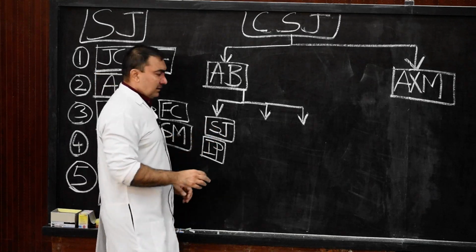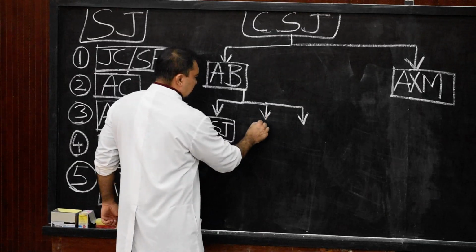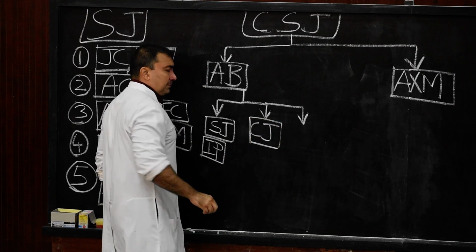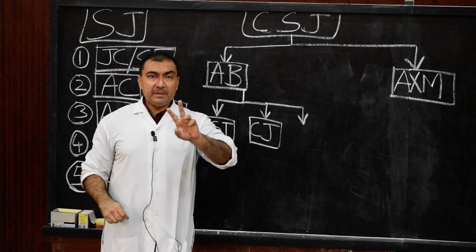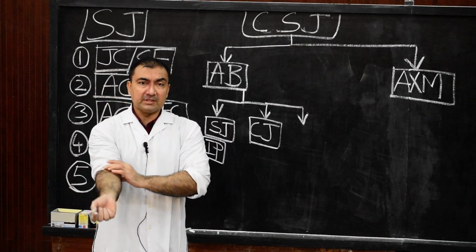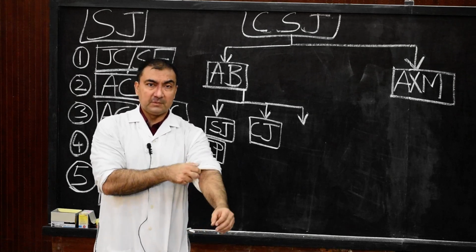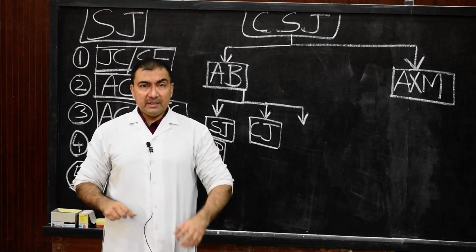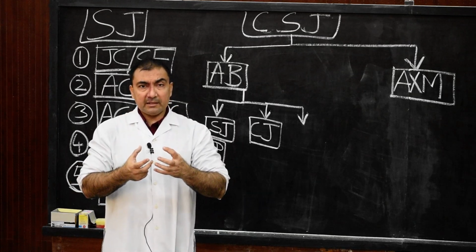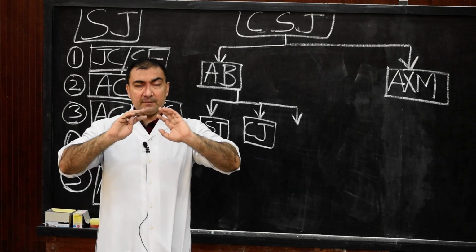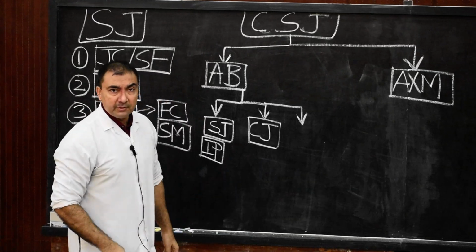Second classification will be compound joint. In a compound joint, there will be more than two bones coming in articulation, and they are covered by a common capsule. When more than two bones are forming a synovial joint, and they are covered by a common capsule, they are called compound joints.